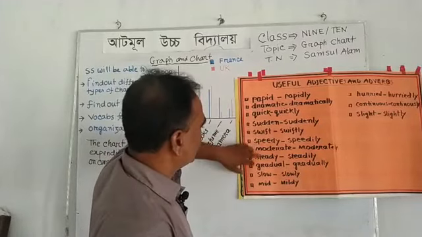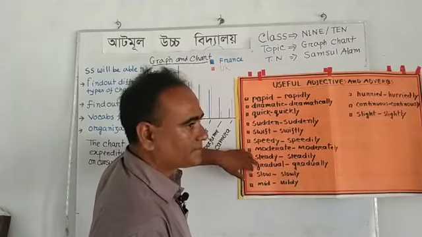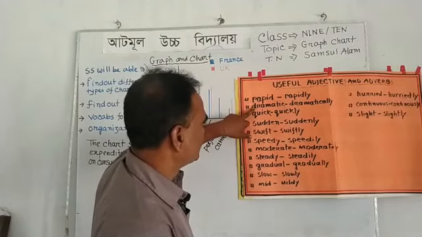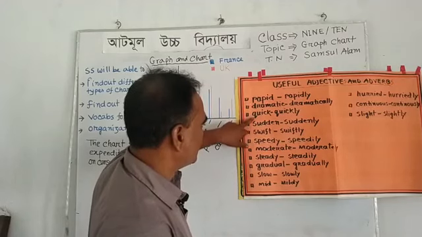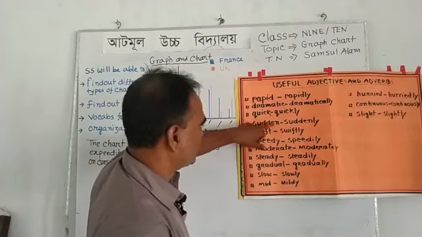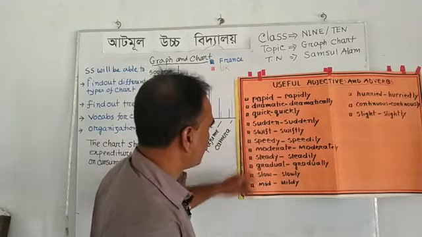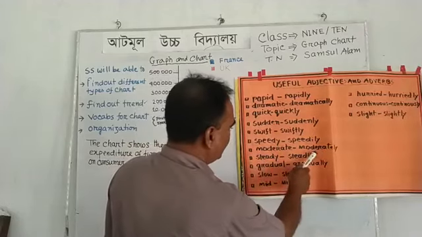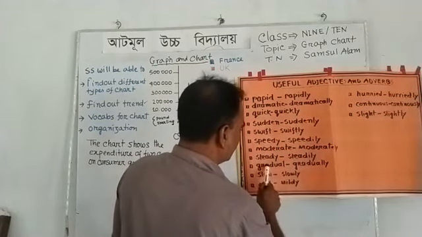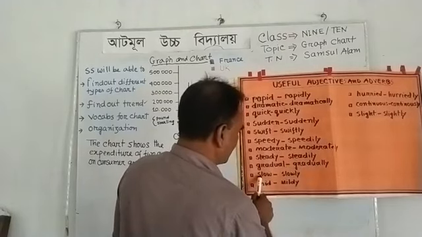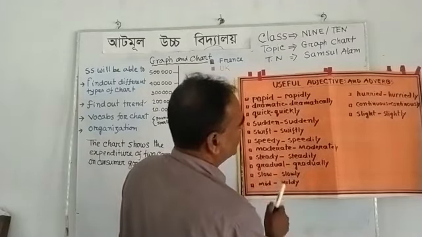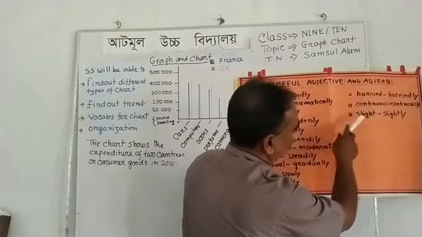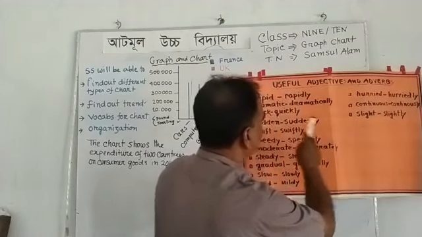We can use these adjectives and adverbs: rapid, rapidly; dramatic, dramatically; quick, quickly; sudden, suddenly; swift, swiftly; speedy, speedily; moderate, moderately; steady, steadily; gradual, gradually; slow, slowly; mild, mildly; hurried, hurriedly; continuous, continuously; slight, slightly.